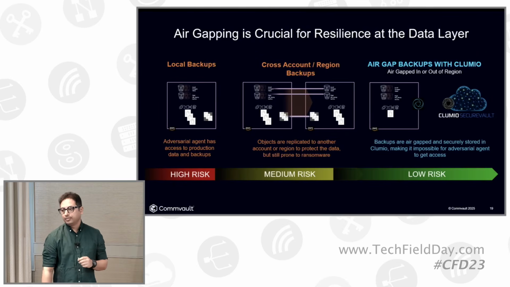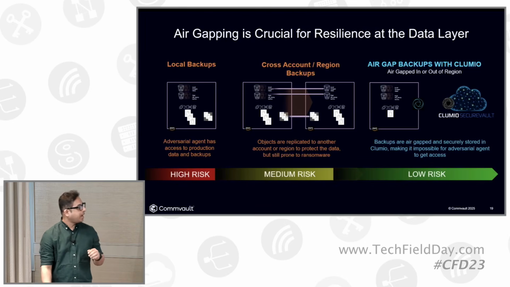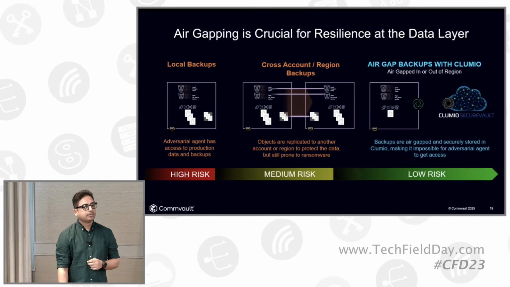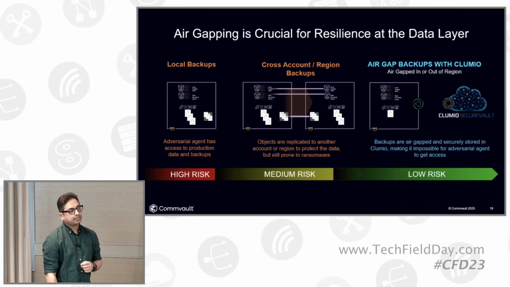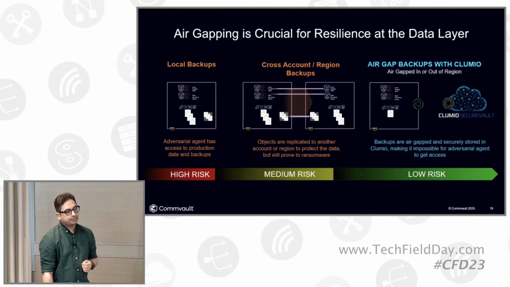So it's still within the same region as the data? No, you can choose. Air-gapped backups can be in or out of region. We let you choose where you want to store the backup. Yeah, but if you use S3, I assume you use S3 because there is nothing really else. S3, like object storage, yeah.